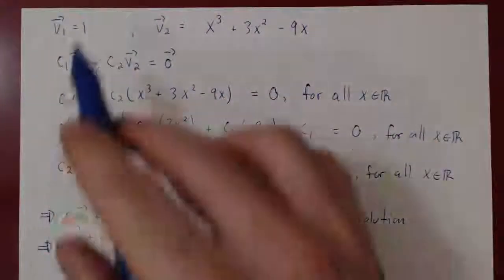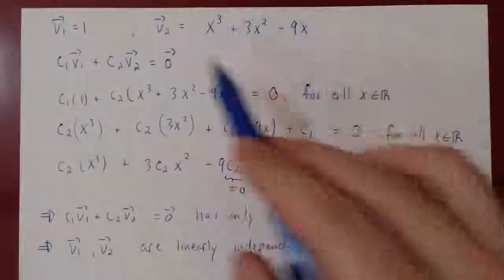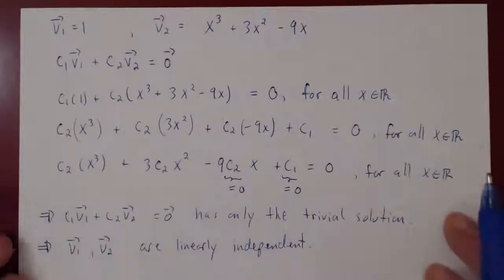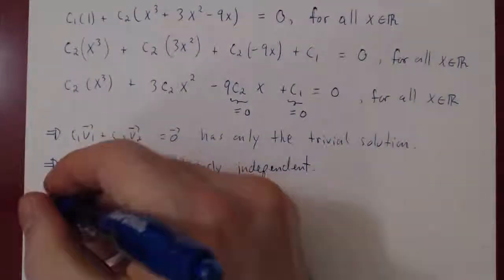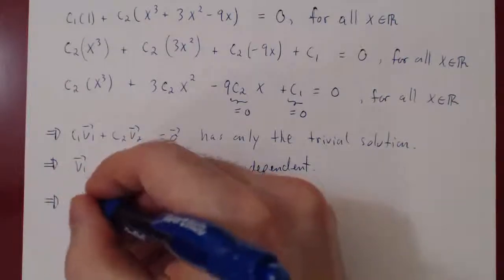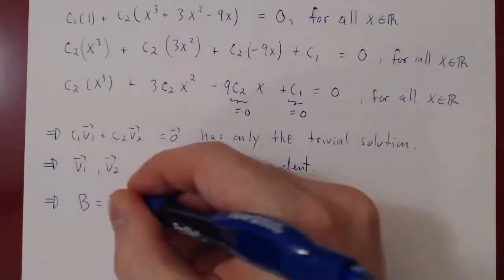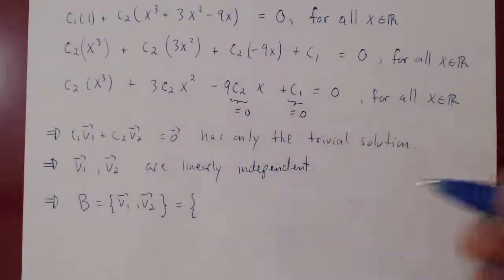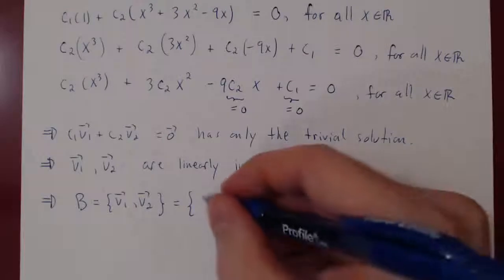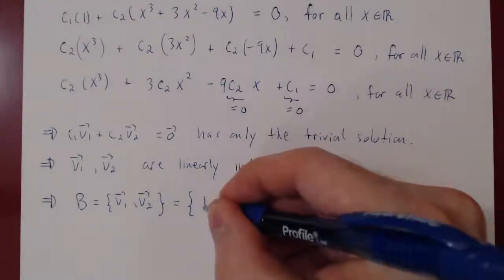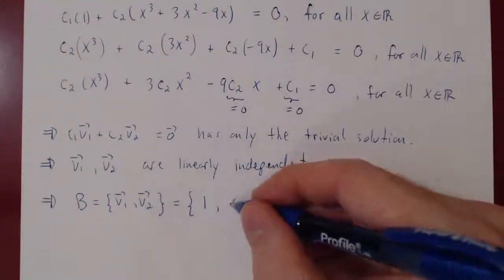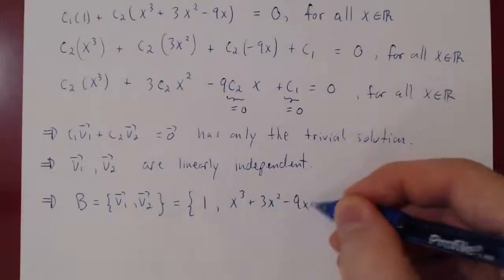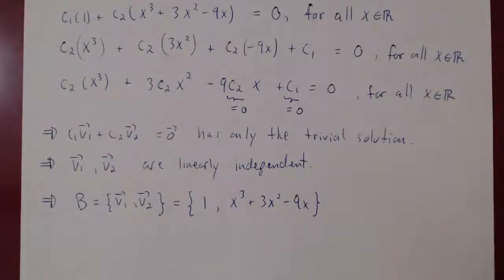This constant polynomial, y equals 1, so a horizontal line, and this cubic polynomial are generators, and as they are linearly independent, they form a basis of our space. Let me write them explicitly, right? v1 was just the constant polynomial 1, v2 is the cubic polynomial x cubed plus 3x squared minus 9x. And this is a basis of W.